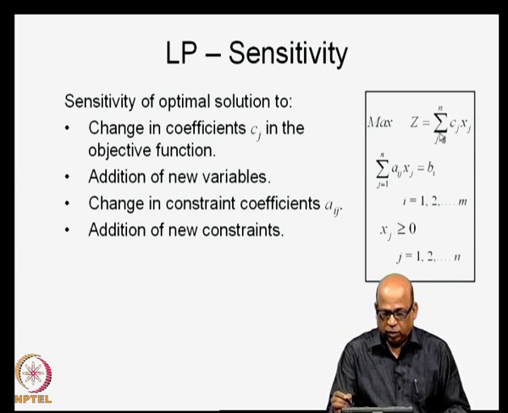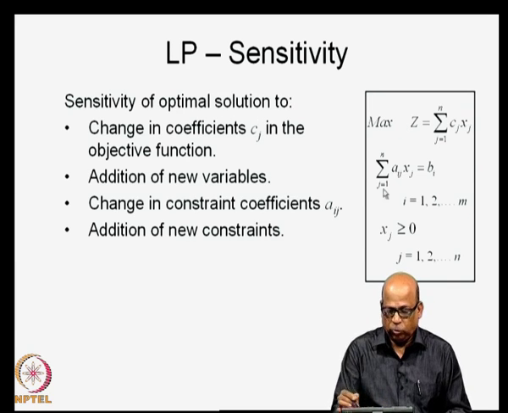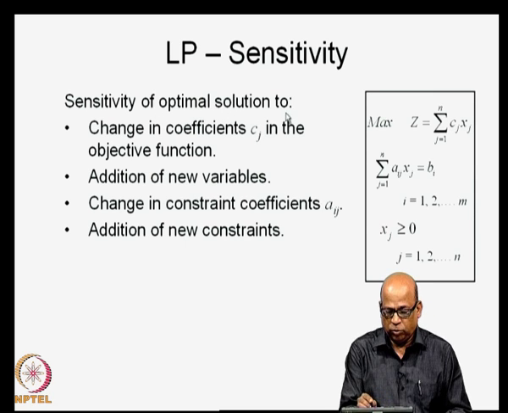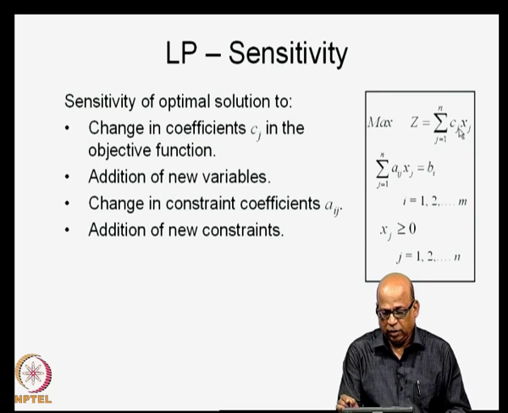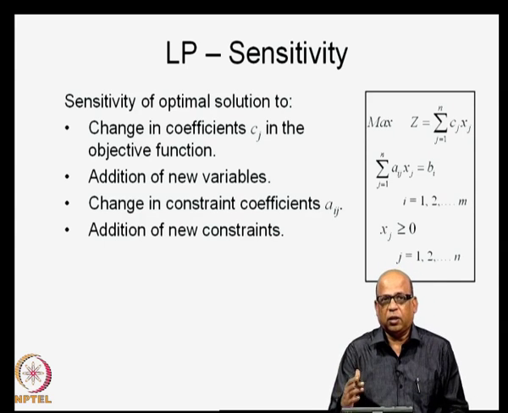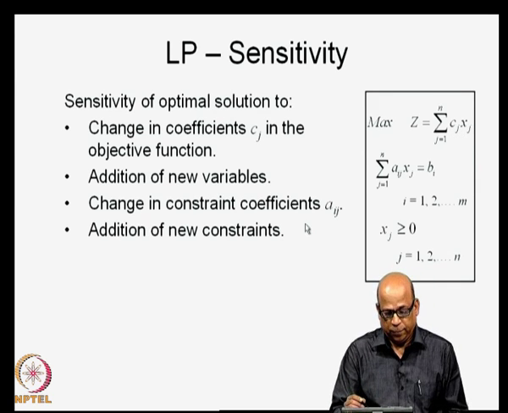Once you solve, we should be able to tell, without resolving the problem, what is the sensitivity of the optimal solution to change in coefficient c_j. Let us say that you are talking about maximization, therefore, these may be benefit coefficients in terms of, let us say, hydropower generation, irrigation potential generated, the benefits that you accrue and so on. So, if I change this, what will be the changed solution?